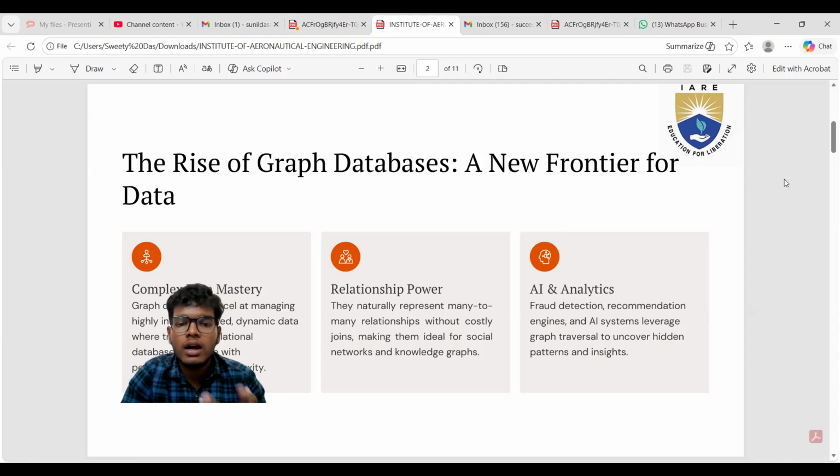Relationship power and AI analytics. They naturally represent many relationships without costly joins, making them ideal for social networks and knowledge graphs. In AI and analytics, fraud detection, recommendation engines, and AI systems leverage graph traversal to uncover hidden patterns and insights.